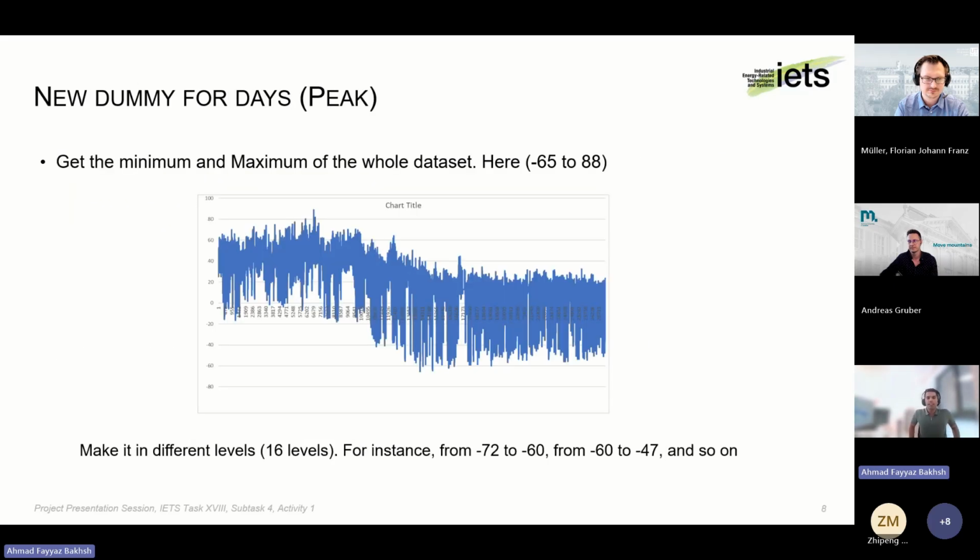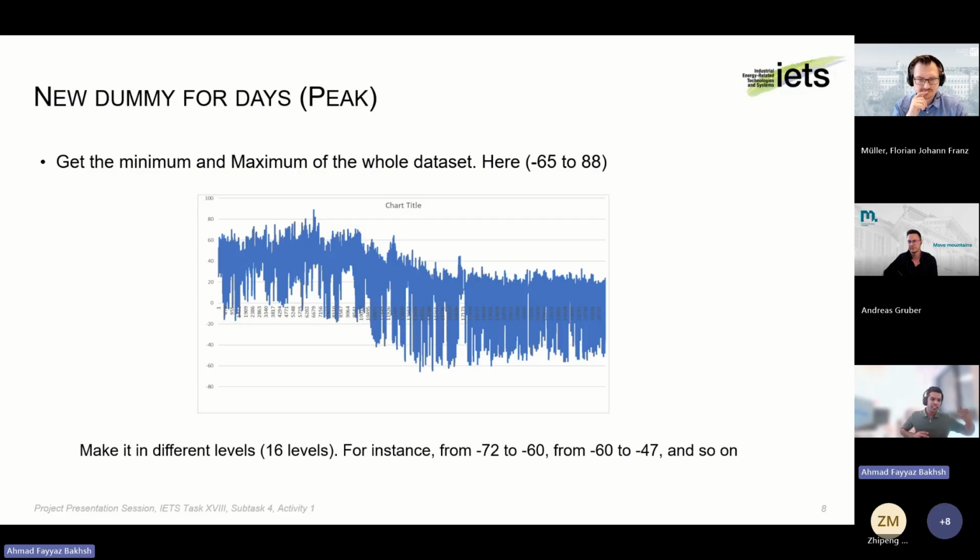So we use a small AI inside our code, inside the LSTM, for data processing. We checked our data and saw that it is between minus 65 and 88.